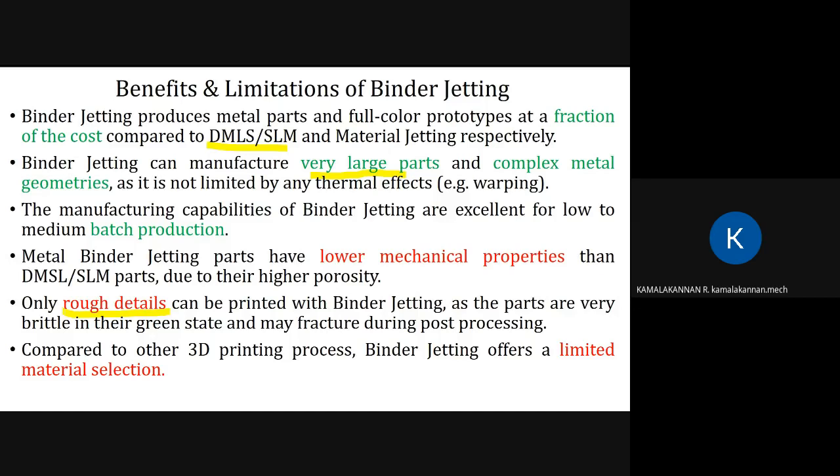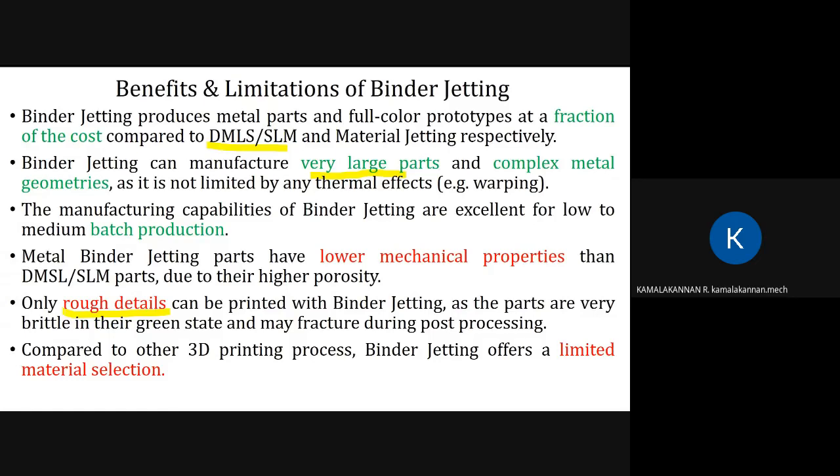And finally, we have very little material selection. Yes, we have only three: sand, ceramic, and metal. We have only a few material selections, and many researchers have been working to increase the materials used in the binder jet, because compared to any other technology, it is one of the low cost technologies in 3D printing to have a good product.